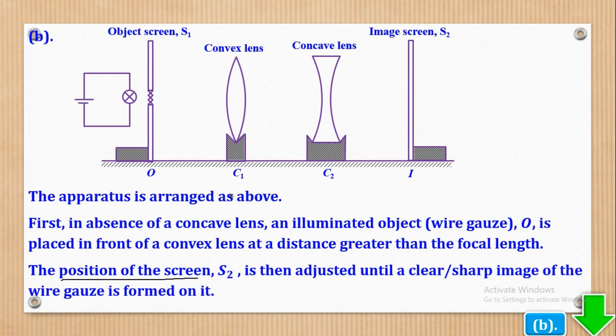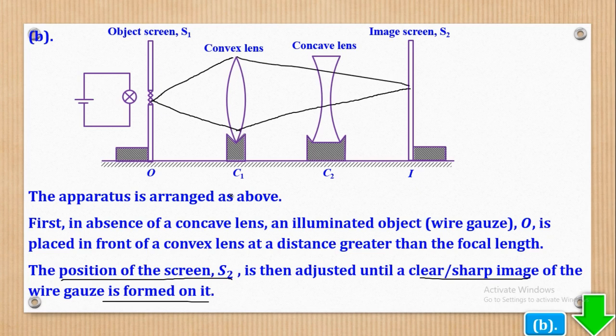The position of the screen S2 is then adjusted until a clear image of the wire gauze is formed on it. Now here, I think you realize that you have not put the rays because it's an experiment and not a derivation, so you don't need the rays. But if you have to put the rays, at the point where the image is sharp, it implies that it is at that point.